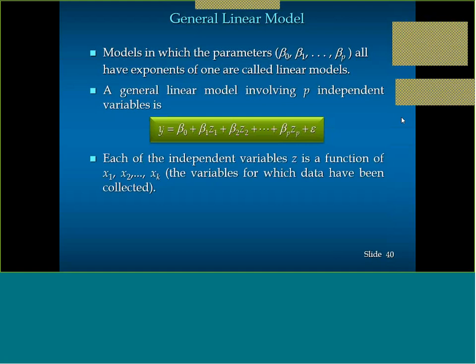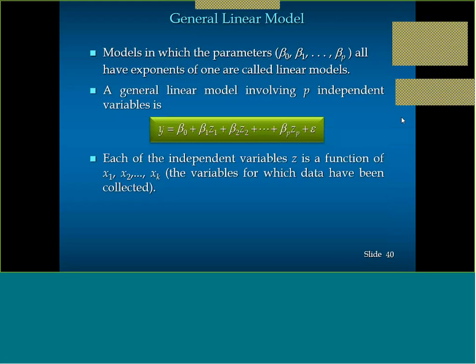So each of the independent variables z, now I am concentrating here. I am making it more generalized, because just now I told you y equal to beta naught plus beta 1 x1 plus beta 2 x2 plus and so on beta p xp is straightforward. y is dependent, x1, x2 and so on xp are directly independent variables.